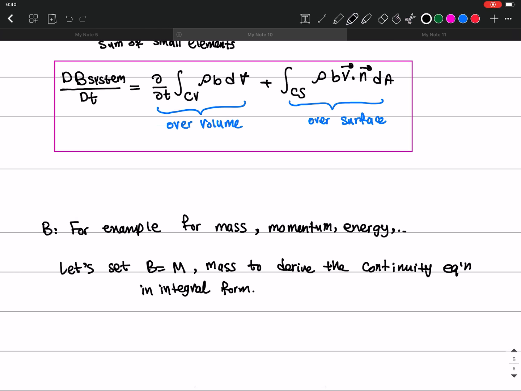So I will do this after the break. So we will set B to M, which is mass, to derive the continuity equation in integral form.